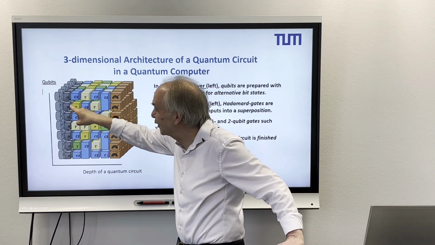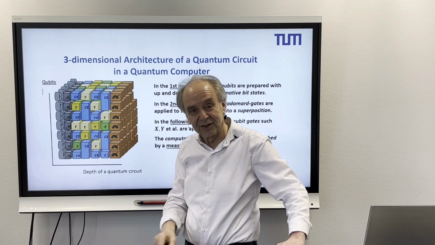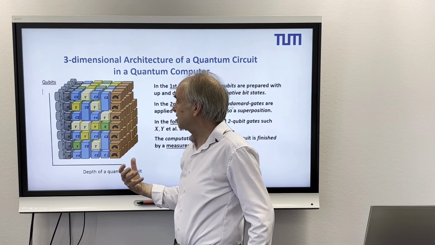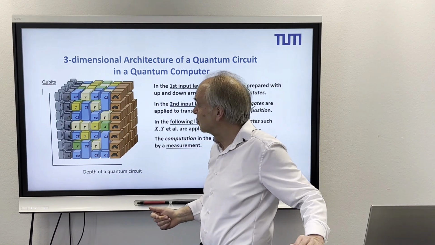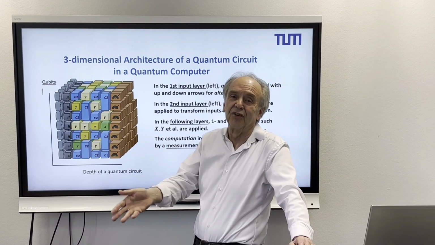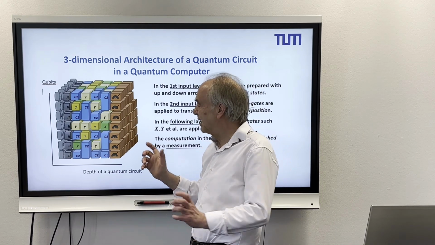And that is realized by the Hadamard operator. So in the second layer, application of the Hadamard operator. And then we have superposed the states, and then we can apply for the different quantum algorithms, sequences of these quantum gates, of course, more than the quantum gates I mentioned before, in combination.